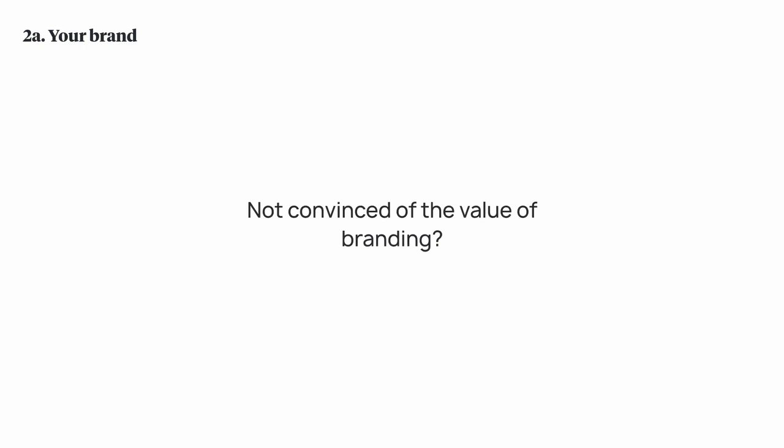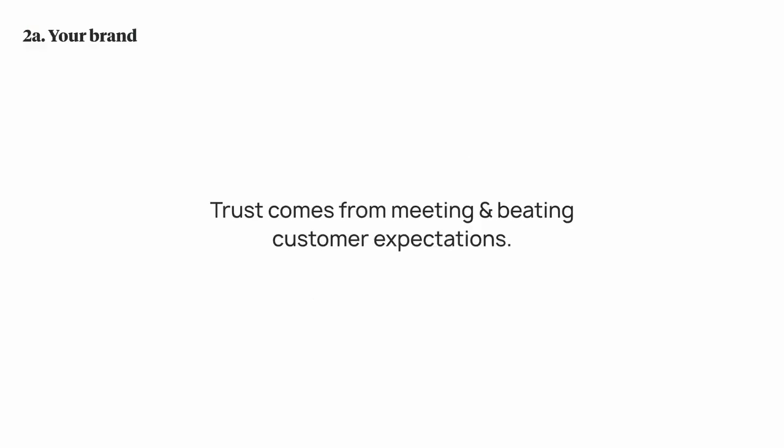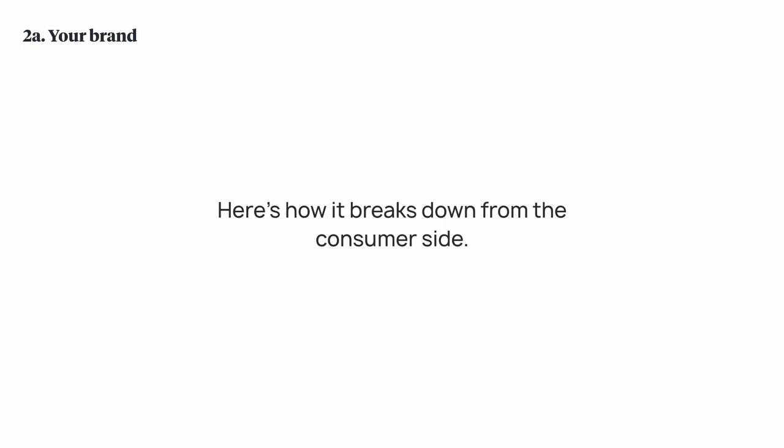Not convinced of the value of branding? Let's look at Coke's value. Sorry, this is supposed to be million, not 500 billion. But Coke loses an immense amount of value once they remove the brand and you just have the product. Trust comes from meeting and beating customer expectations. Let's look at how it breaks down from the customer side.